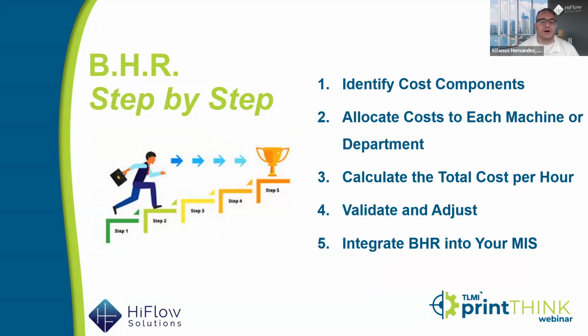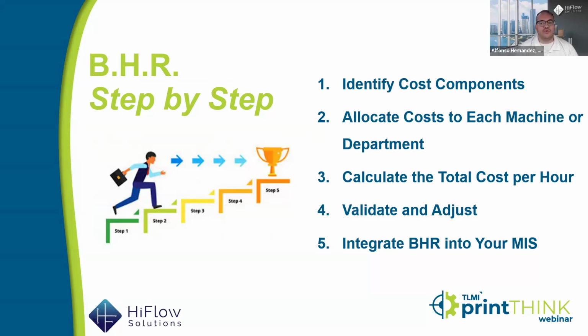The more important is validating and adjusting that price, so that you ensure the accuracy of what you developed, and integrating this updated BHR into your ERP MIS system so that when you're estimating and quoting to your customers, you have the most reliable, precise price of what your production costs are going to be.